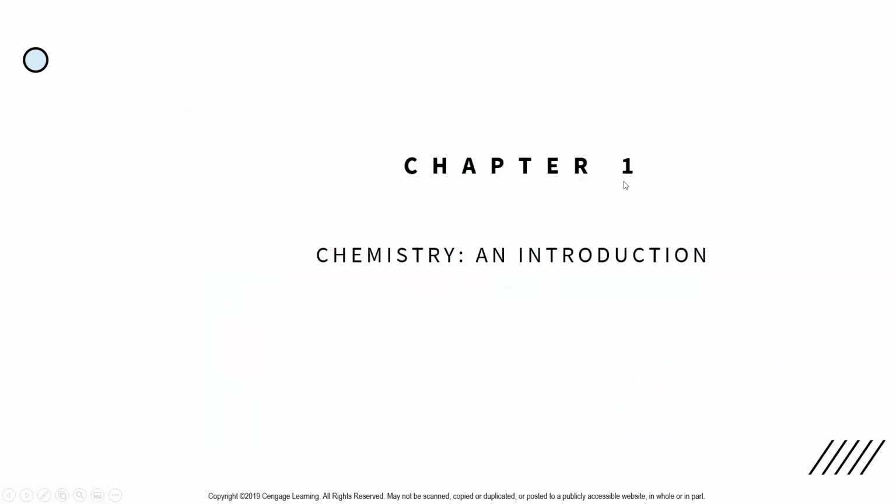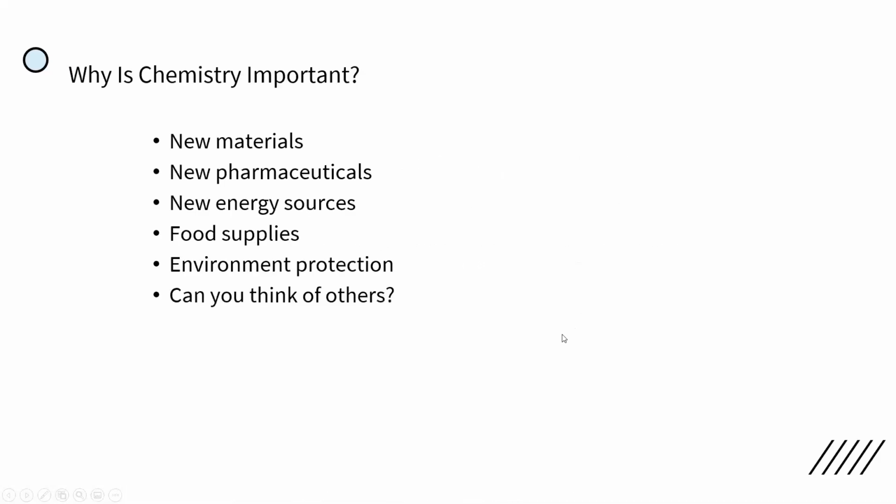In chapter number 1, you will have an introduction to chemistry. You will see that chemistry is very important because we study new materials, new pharmaceuticals, new energy sources, food supplies, environment protection, and more.